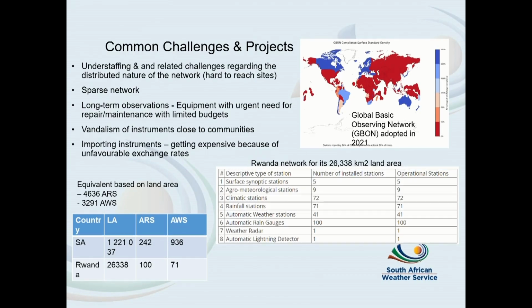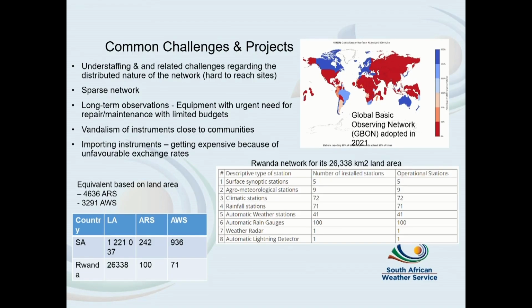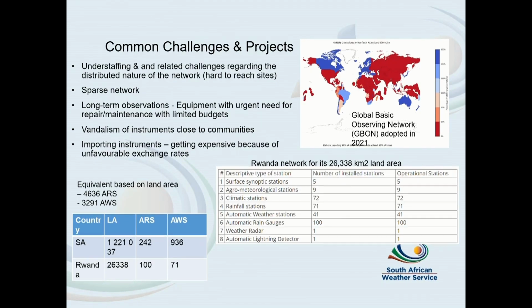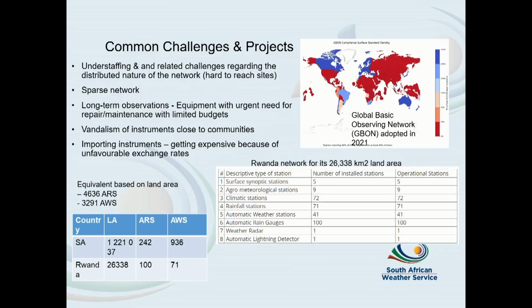As I've shown in the earlier images, this network is not so dense, particularly in the northwestern parts of the country, because we assumed that this is a desert or semi-arid area of South Africa, so we don't have a lot of stations there. But now there is an appetite for stations because of the abundance of solar in those areas.